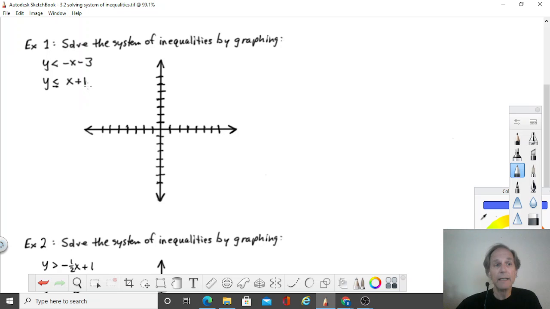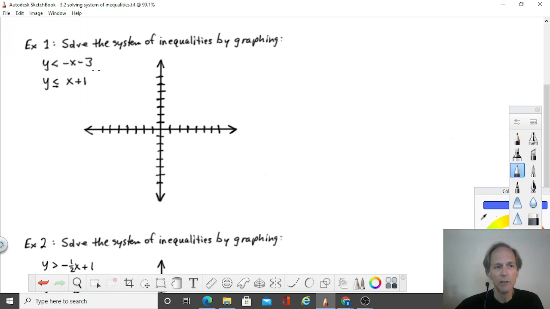And there will be many solutions to this, as there's an overlap between those two. Some points satisfy the first one, and lots of other points satisfy the second one, and those that satisfy both are our solution. So let's look at this.